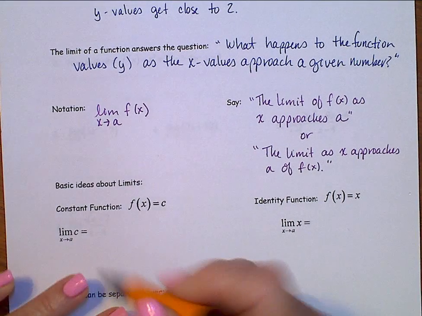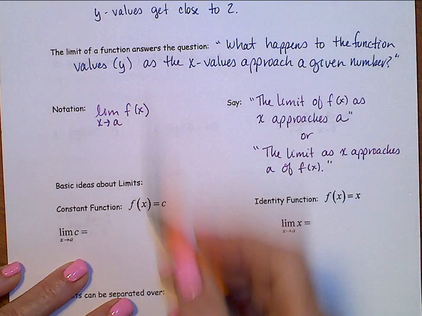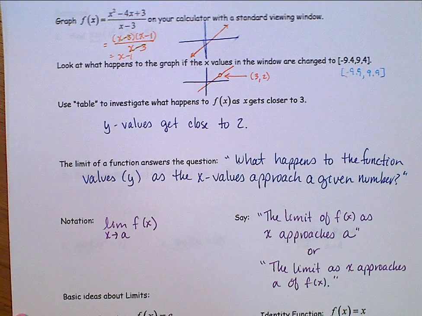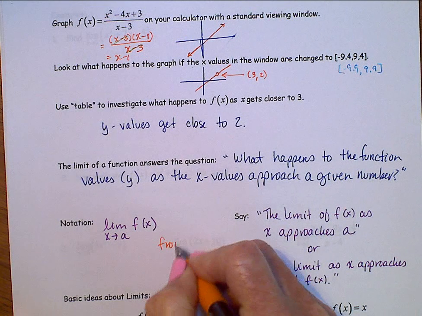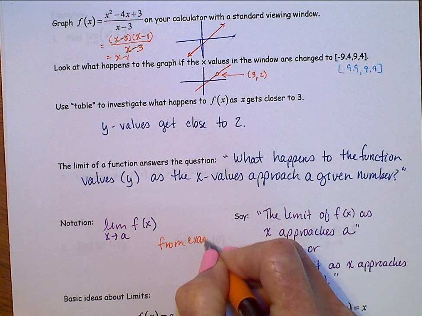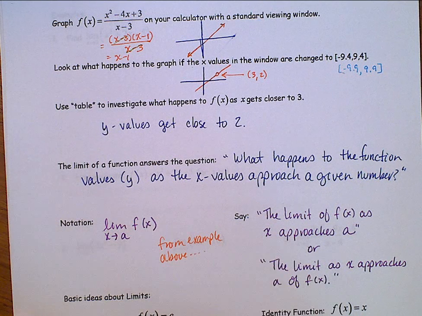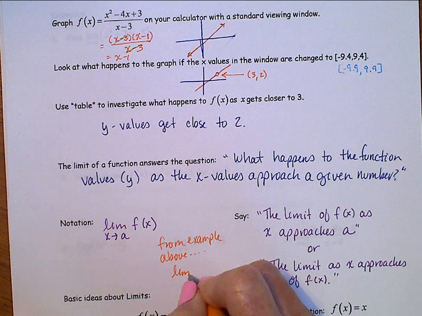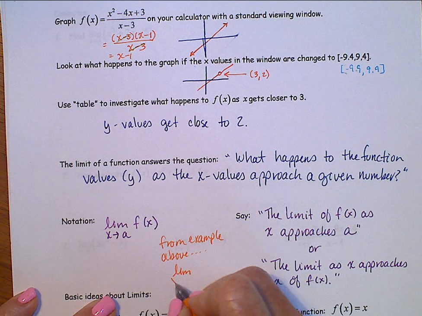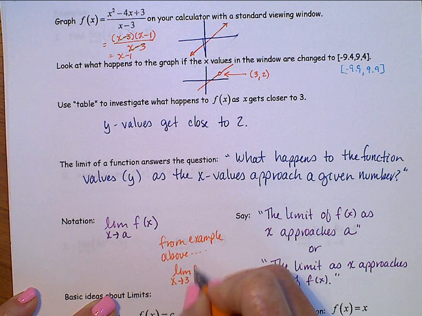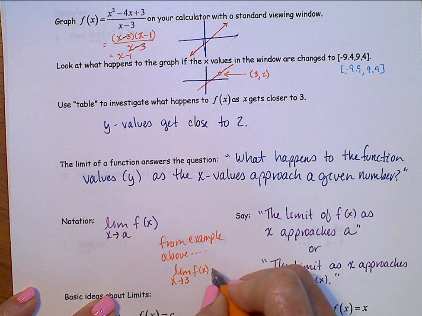As we look to this top example back up here, from this example above, we would say the limit as x approaches 3 of that particular function, that limit is 2.